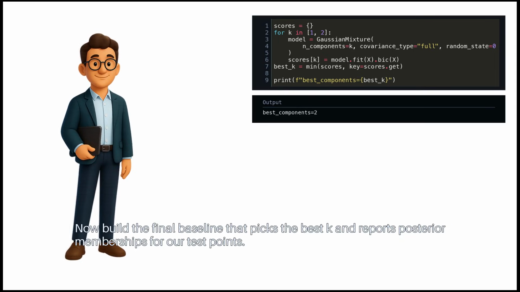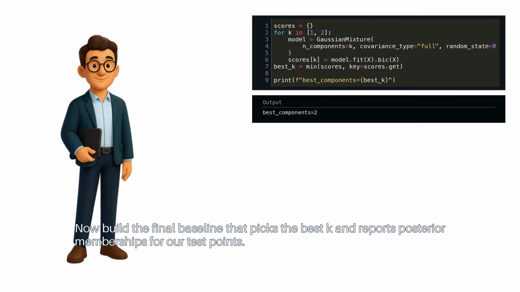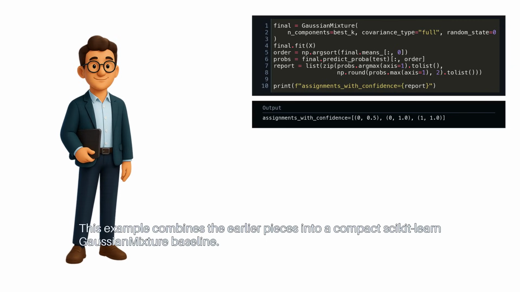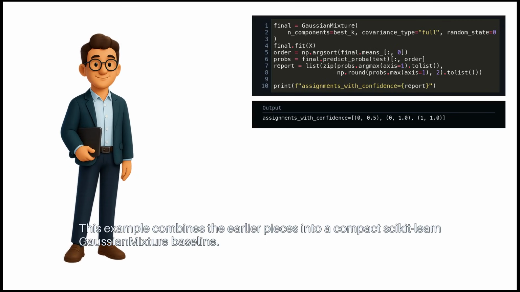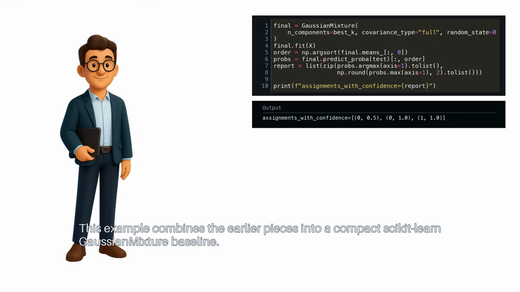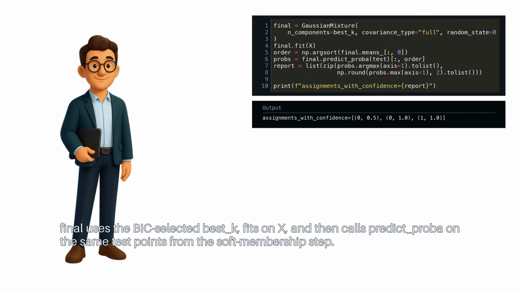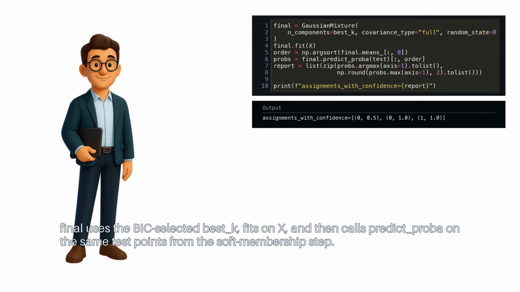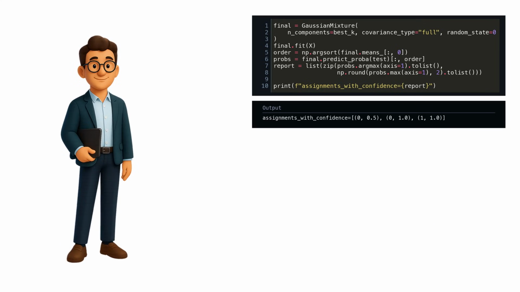Now build the final baseline that picks the best K and reports posterior memberships for our test points. This example combines the earlier pieces into a compact scikit-learn Gaussian mixture baseline. Final uses the BIC-selected best K, fits on X, and then calls predict_proba on the same test points from the soft membership step.